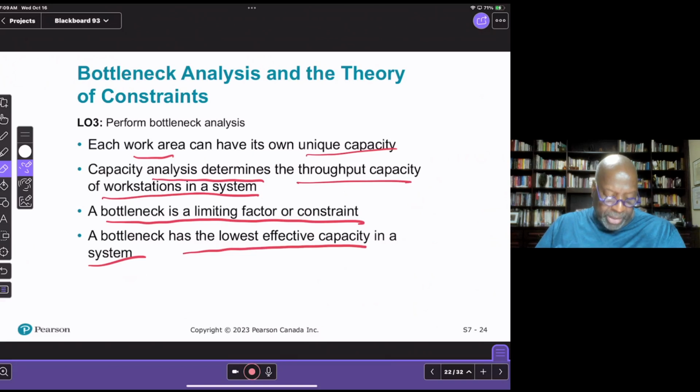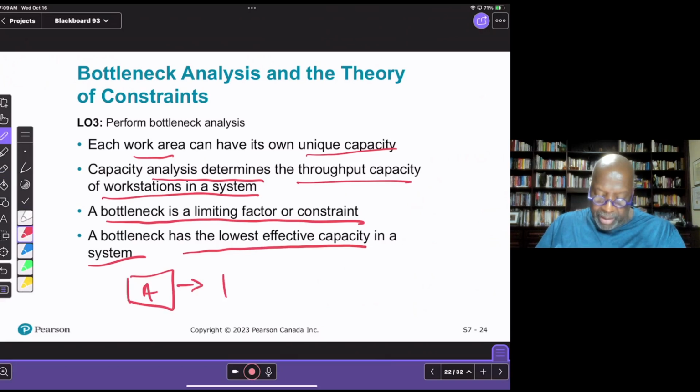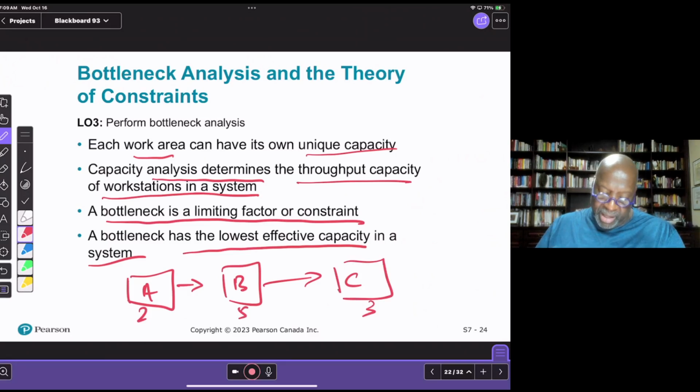So if you have a 3-step process, A, B, and C, and these take 2 minutes, 5 minutes, and 3 minutes, well, guess who determines how fast your system works? In this case, it would be B, your limiting factor, your limiting step.